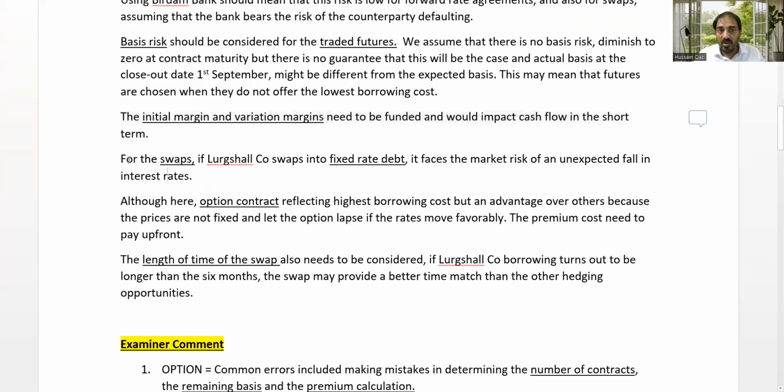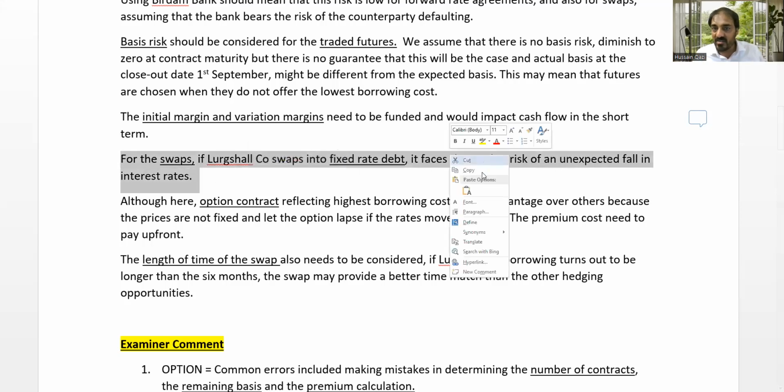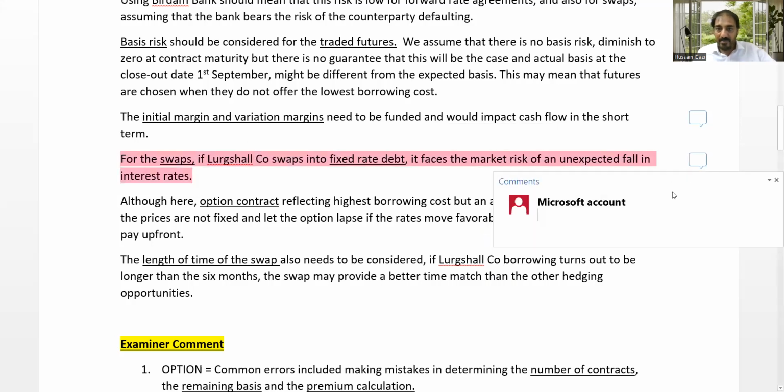Now swap. For the swap, if the company fixes the rate, the swap is fixed, it faces the market risk of an unexpected fall in interest rate. Swap is like a forward contract, a long-term forward contract. It's an OTC locked contract. So here I mentioned that if you enter into the swap, you are actually bound.